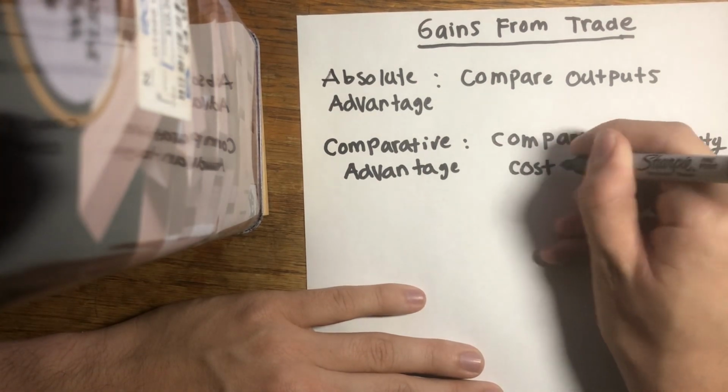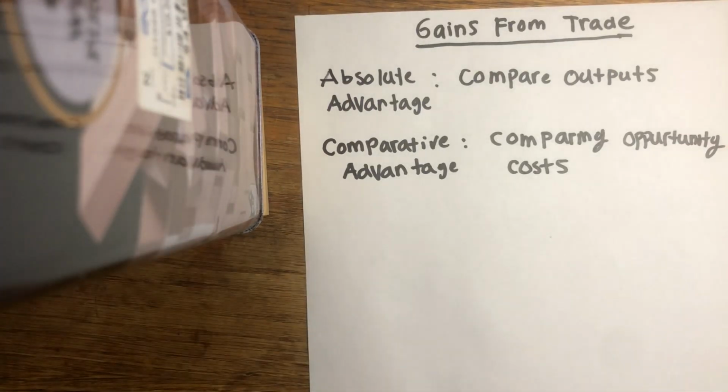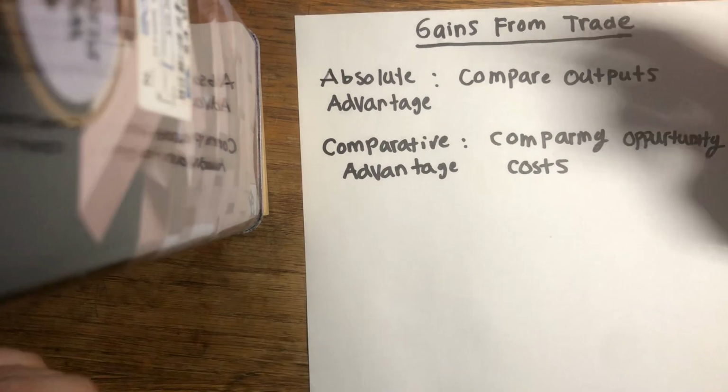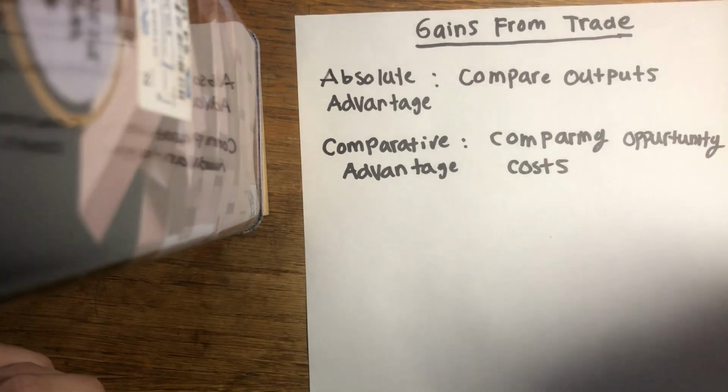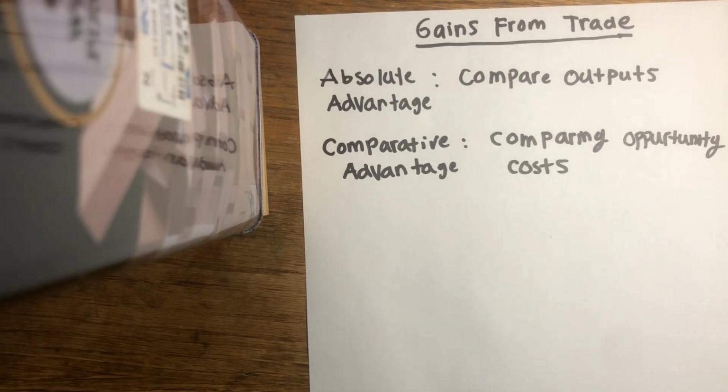So for example, if you're looking between apples and oranges, you calculate the opportunity cost of apples by seeing how many oranges he has to give up in order to produce apples. So that is opportunity cost.